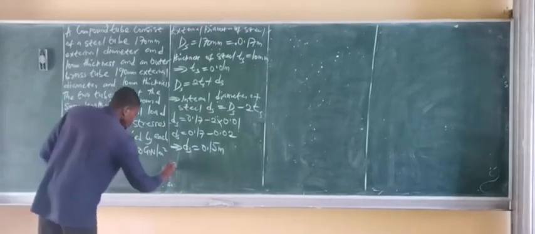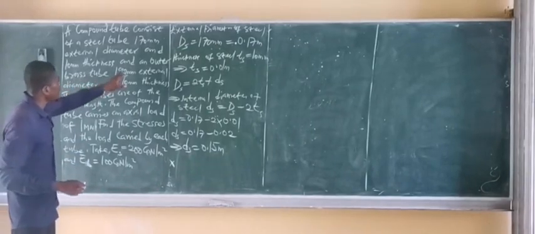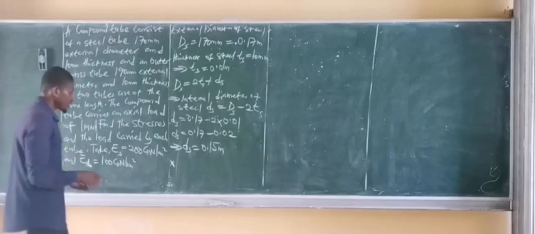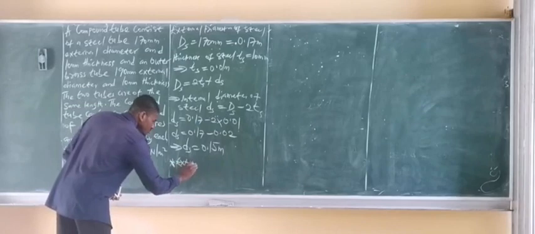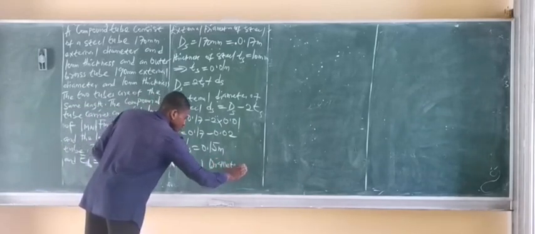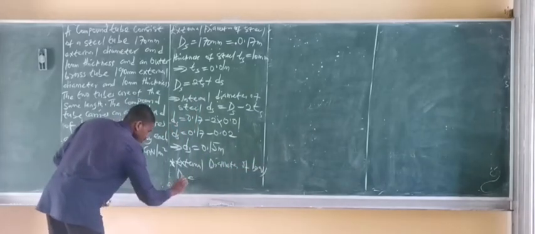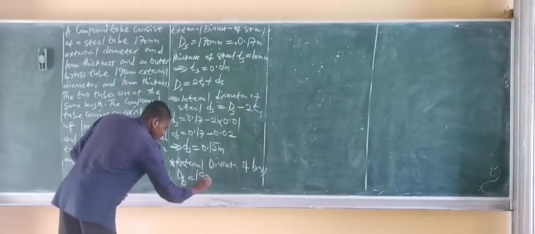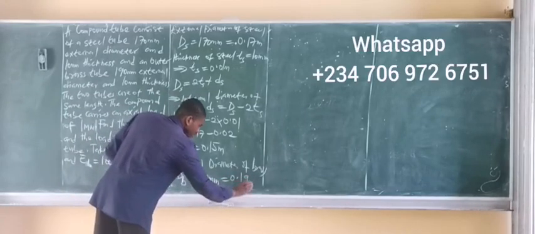Also, we are given an outer brass tube, 190 millimeter external diameter. So the external diameter of brass, capital D, is given as 190 millimeter, which is equivalent to 0.19 meters.